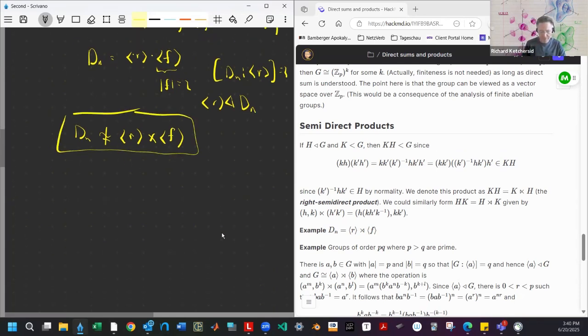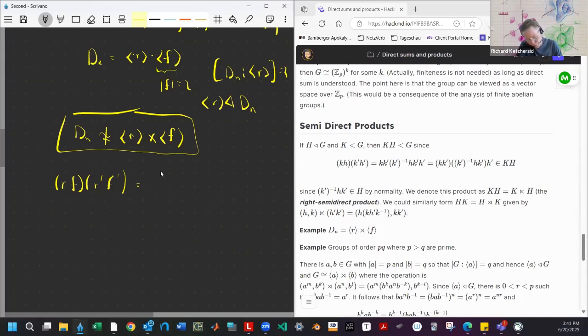But we can do something. If I take two things in here, is there a way of defining an algebraic way of doing this? If I do RF and then times R'F', is there some way to write that as some RF type thing? The trick here is that R is normal, so the group generated by R is normal.